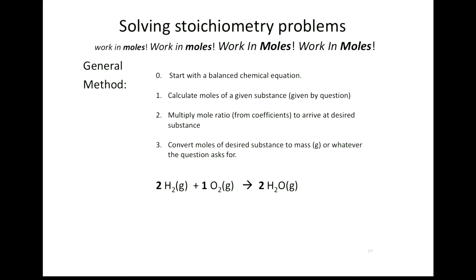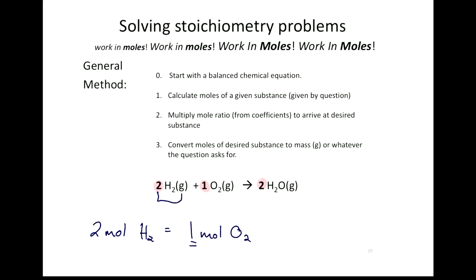Again, remember I like to use equalities, like this equals that, which equals that. When looking at these coefficients, we can also build an equality that relates different amounts of things that we can use in dimensional analysis. If you look at the coefficients here, what this means is that for every 2 moles of hydrogen gas that reacts, 1 mole of oxygen reacts.